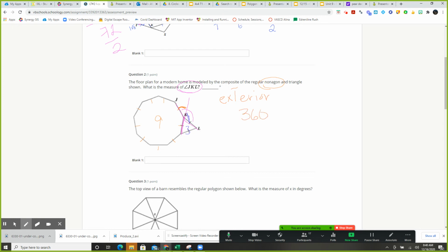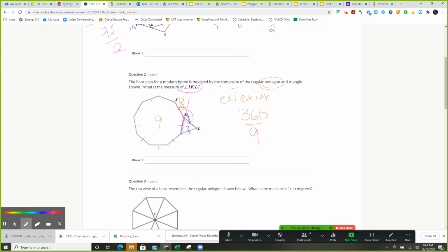So for my nonagon, I can do 360 divided by how many sides in a nonagon? 9. What's 360 divided by 9? 40. So that little exterior piece that's orange, on the top, is going to be 40 degrees.